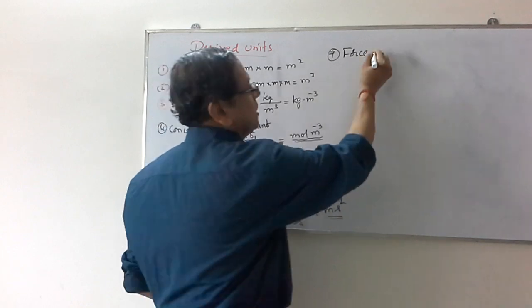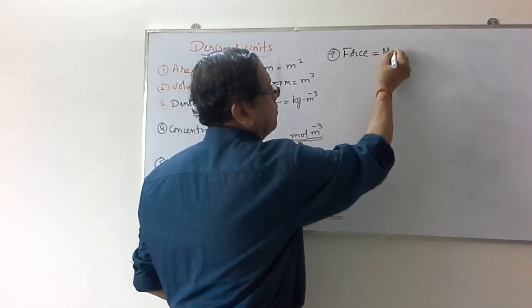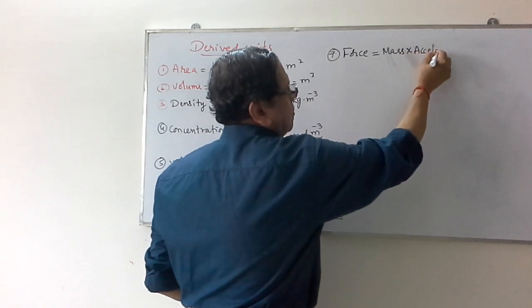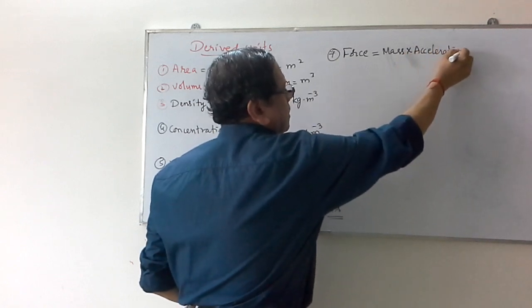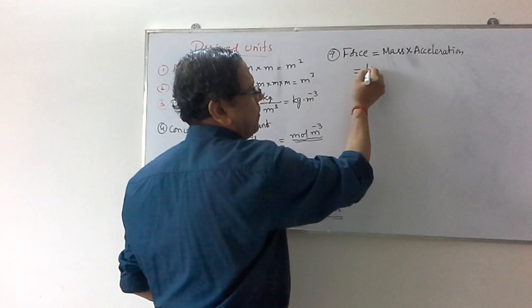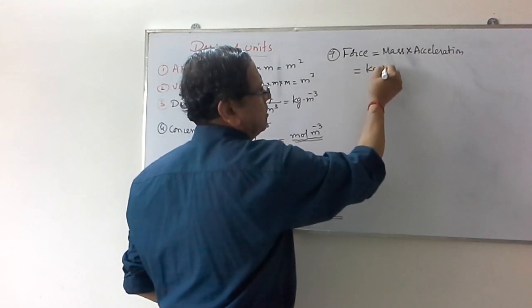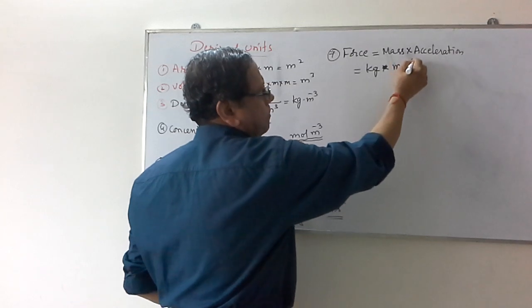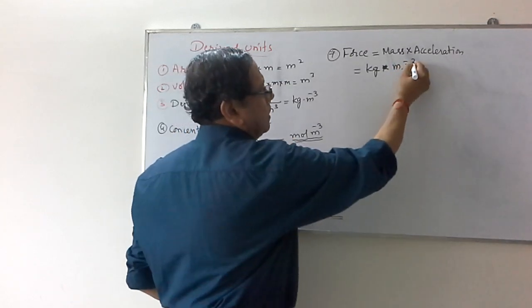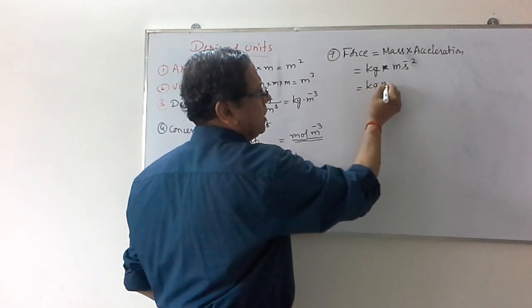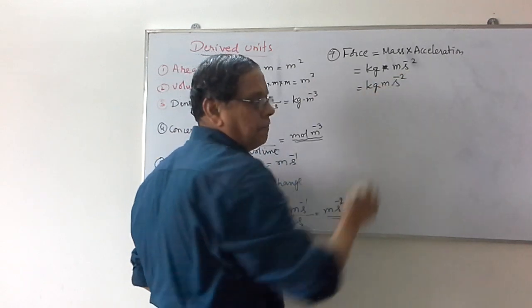Force is expressed as mass into acceleration. Mass is expressed in terms of kg and acceleration is expressed in terms of meter per second square. That's why this force is expressed in terms of kg meter per second square.